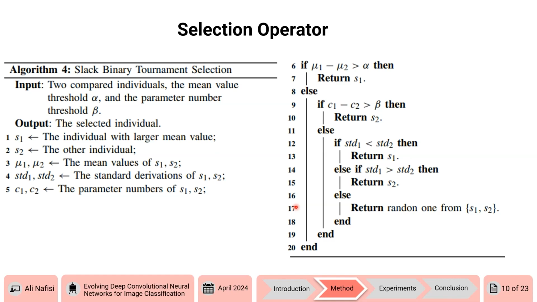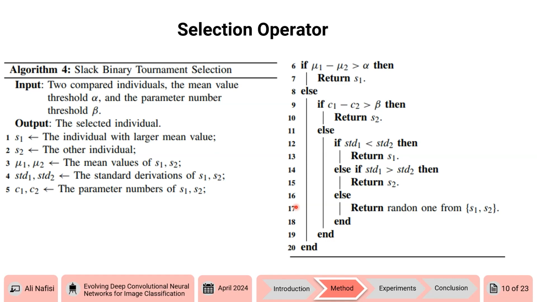If the difference is not too high, we compare their parameters. We also compute the difference of their parameters, and if it's too high, we will return the individual that has fewer parameters. If it's not too high, we go to the next step. What's the next step? We compare their standard deviation.